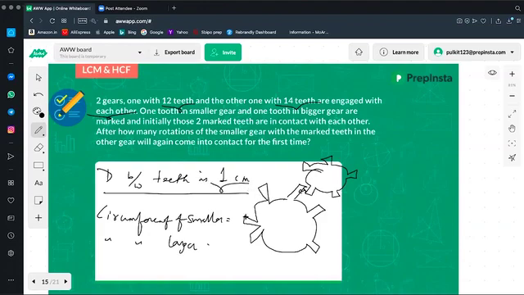If the distance between one tooth is 1 centimeter, I can say that the circumference of the smaller gear is 12 centimeter, and the circumference of the larger gear is 14 centimeter. Yes or no?